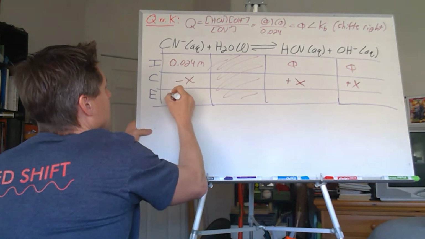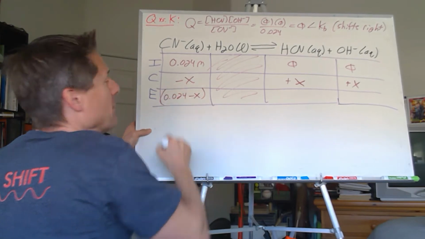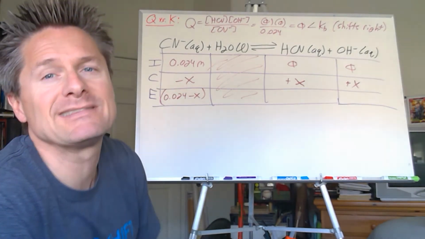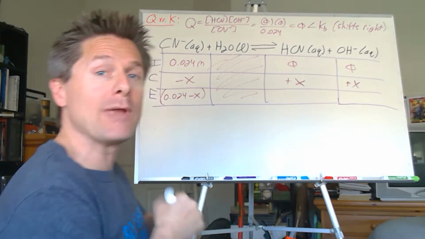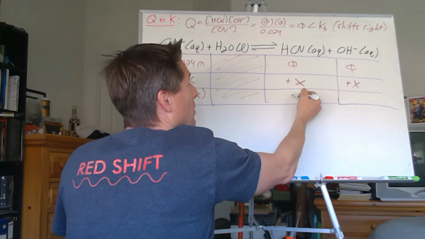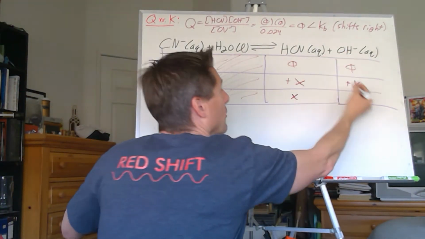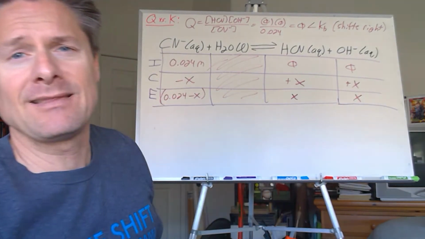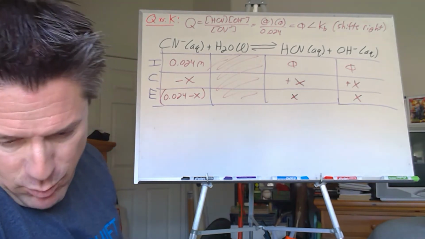The equilibrium, let's add those together. So this will be 0.024 minus X. That will be my equilibrium concentration for my cyanide ion, what it started with, minus whatever we lost when it ionized and reacted with water. Since I started with nothing for the HCN, it'll be 0 plus X, or just X. I started with nothing for the hydroxide ion, so 0 plus X gives me X. Steps 1 and 2, they should be a cakewalk for you guys at this point in time.